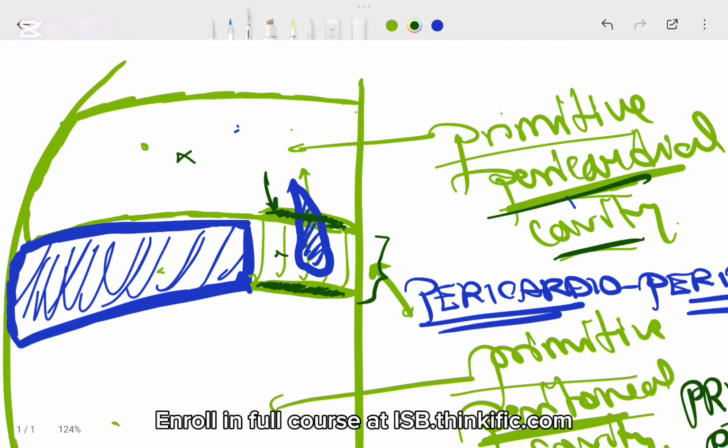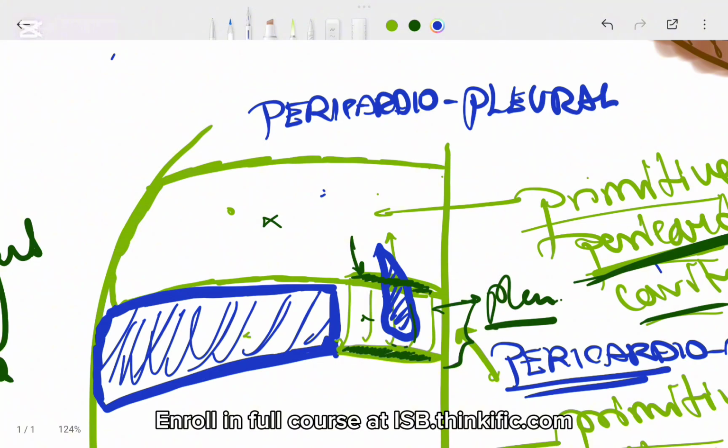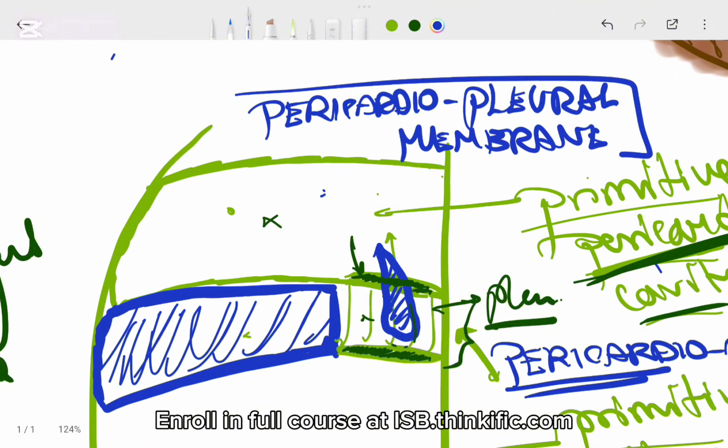So simply, since this is going to be the house of the lung, that's the pleural cavity, we're just going to call it pericardio pleural membrane. This membrane has a very interesting story. I will tell you about it later. Because it's between the primitive pericardial cavity and what we now call the pleural cavity, it is called pericardio pleural membrane.